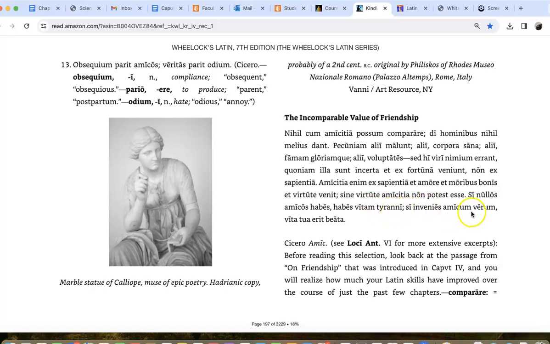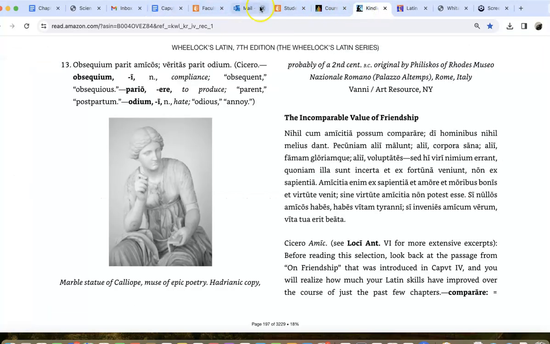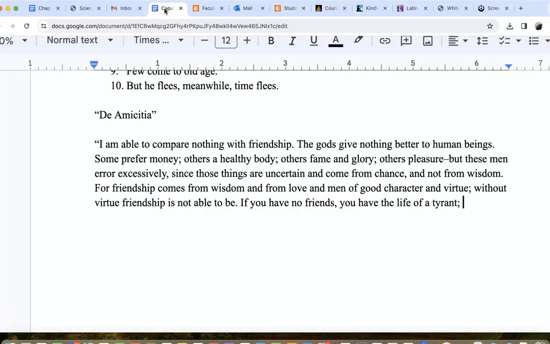If you find a true friend, your life will be happy. What is the punctuation on this? Oh, it's another semicolon. If you find a true friend, your life will be happy.